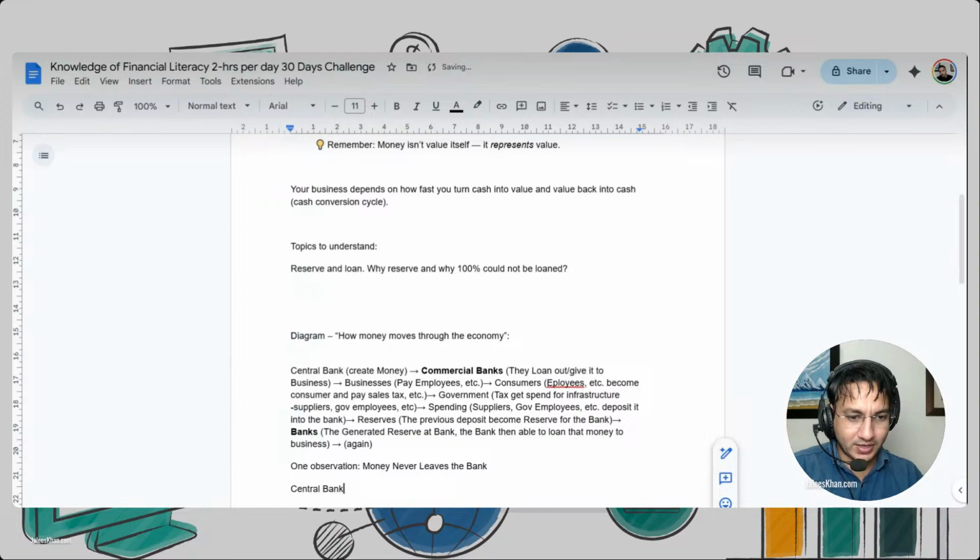The central bank has the money in another way, or a similar understanding.